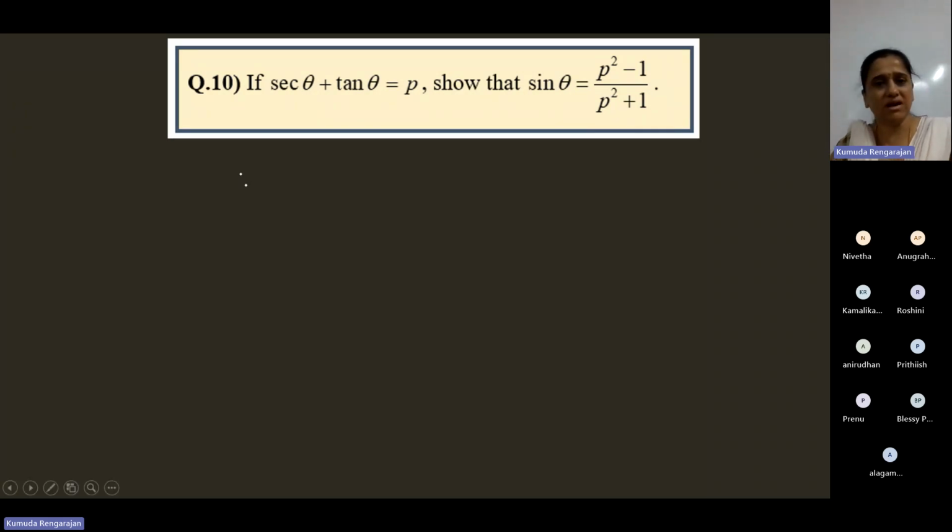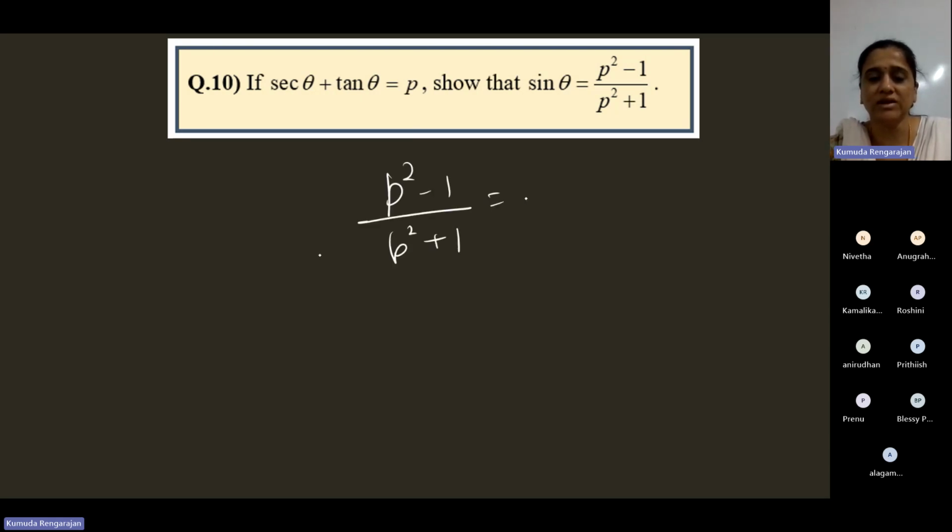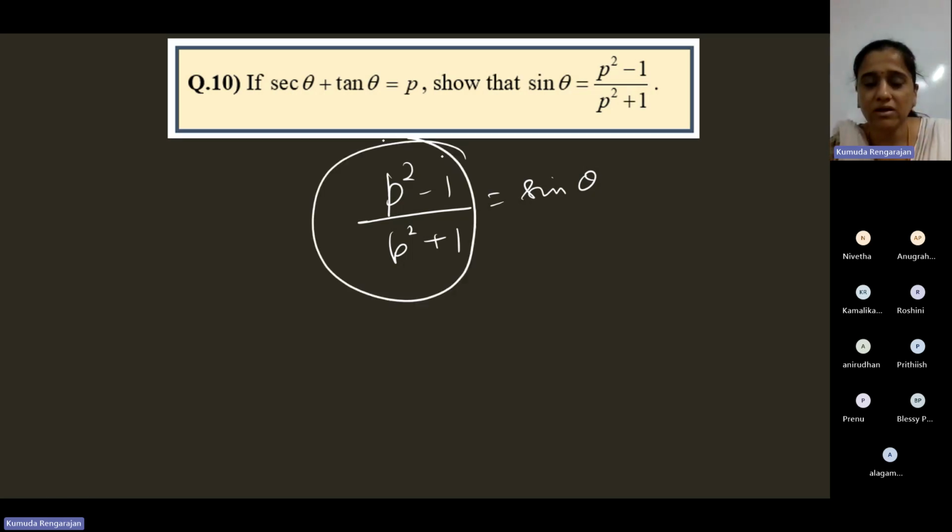It can be given either way: show that P square minus 1 by P square plus 1 is equal to sin theta, or show that sin theta is equal to P square minus 1 by P square plus 1. But we are given the expression for P, so we have to work with that part, not with sin theta. There's nothing to do with sin theta.